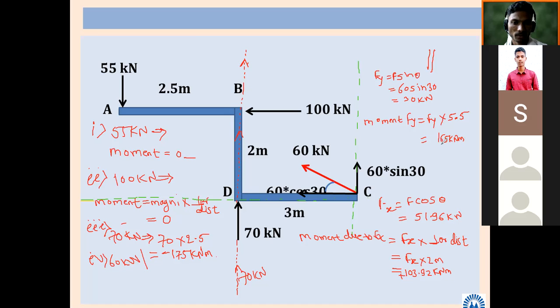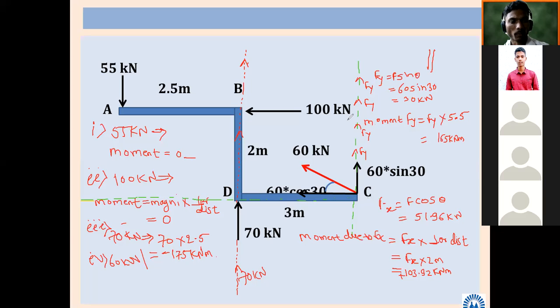Now look here once again. Our vertical force is Fy, and on this entire line Fy will act. This is the line of action of that force Fy.